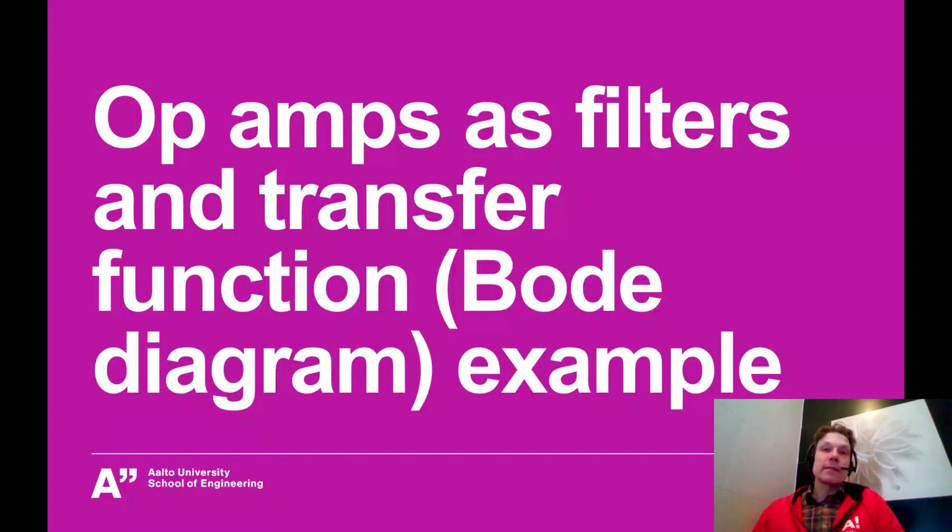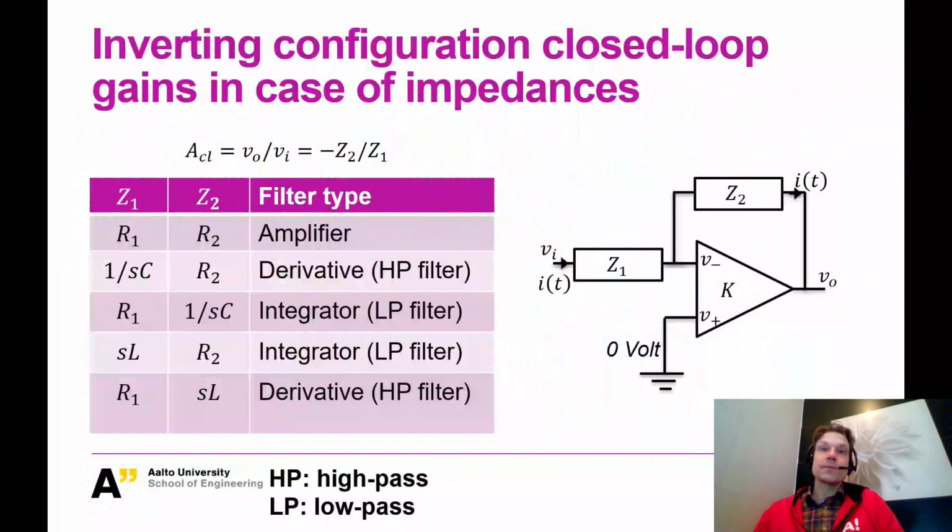And now we can study how to use them in the context of filters and transfer functions. And then we go further to the Bode diagram and analyze the frequency behavior. This inverting configuration we can generalize for impedances. Now this Z1 and Z2 can be anything from resistance, capacitance, inductance.